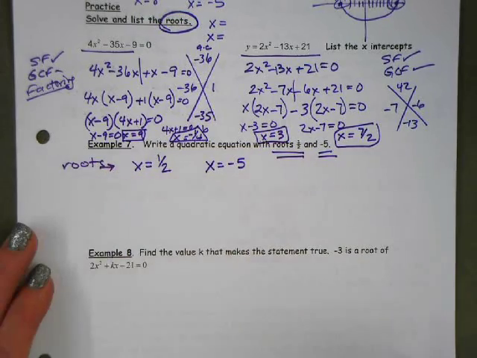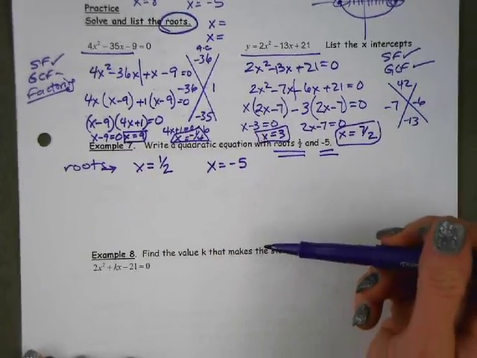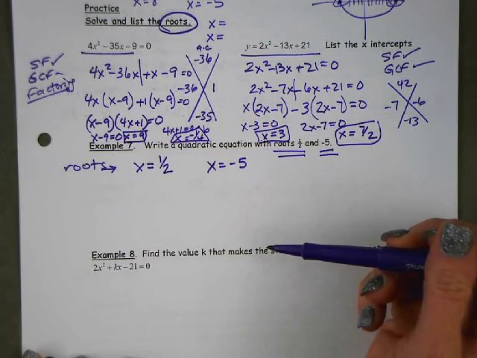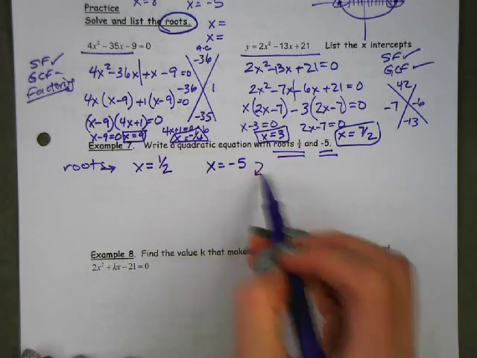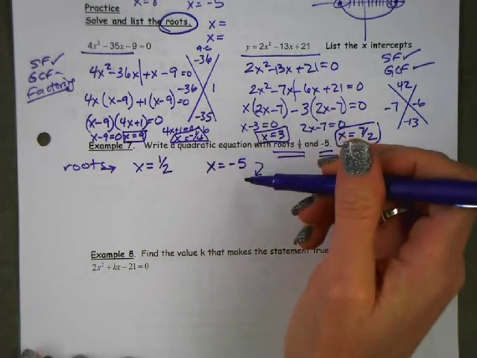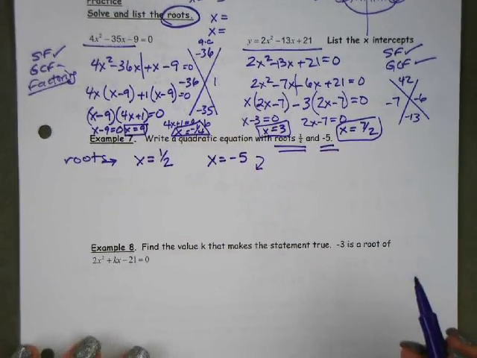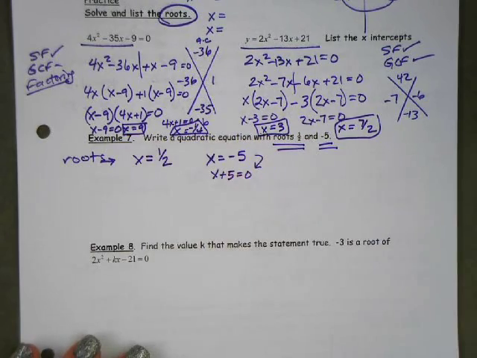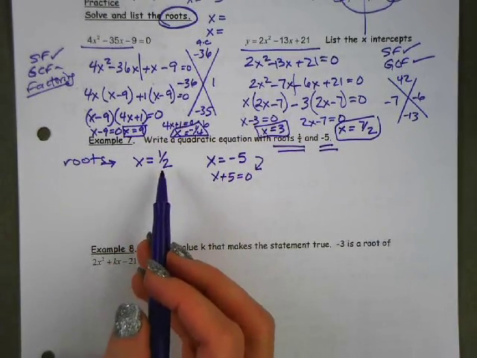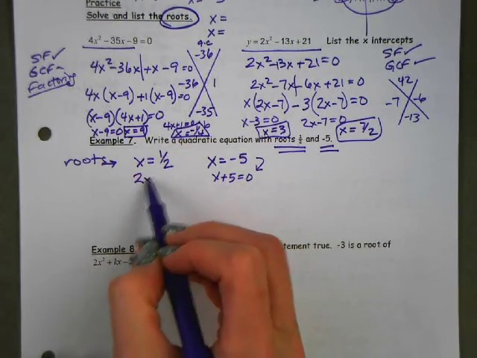Alright, can you go from here down to the equation then? Yes. Okay, so what would be the next step? How did I get to x minus 5? What does the step before that have to be? It had to be x plus 5 equals 0, right? What did this one have to be? This one had to be 2x equals 1, yes, right?